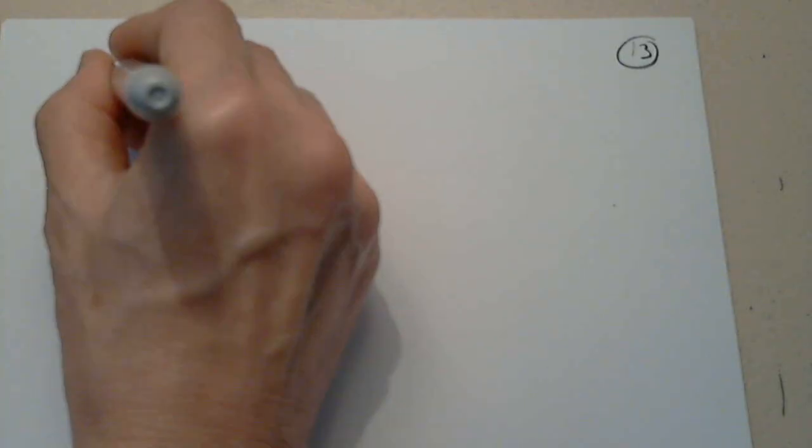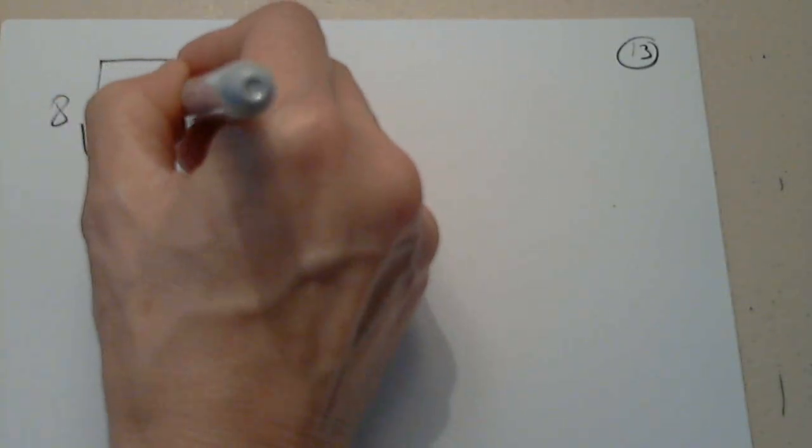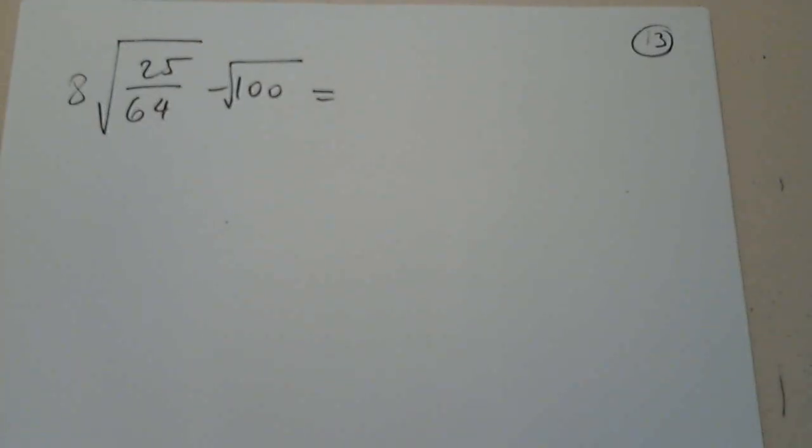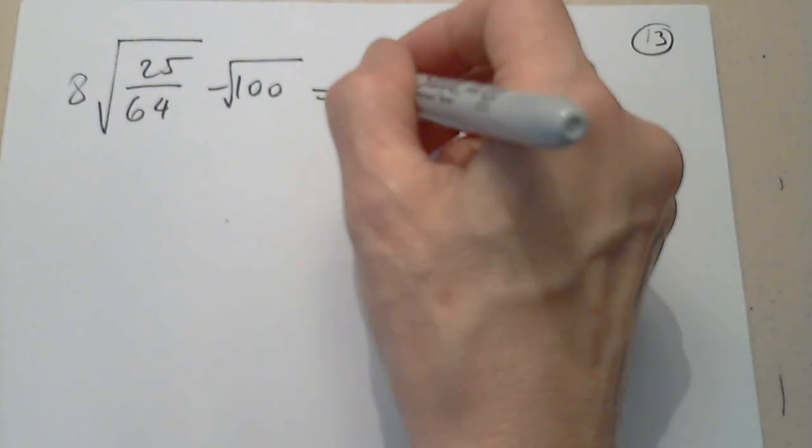What about simplifying the following? 8 times the square root of 25 over 64, minus the square root of 100. Okay, so I copy 8.